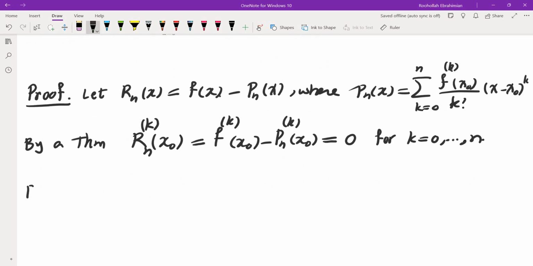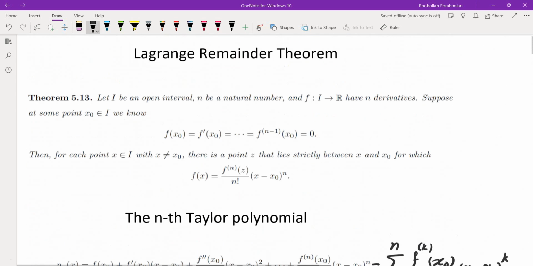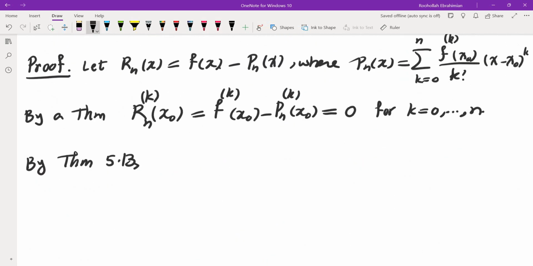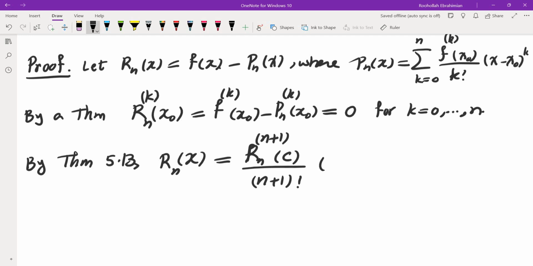So now I can use the above theorem that I stated. If you go back to this one, the condition was you need the function and its derivatives to be all 0. So by theorem 5.13, Rn of x is going to be equal to R(n+1) of c divided by (n plus 1) factorial times x minus x naught to the power of n plus 1.